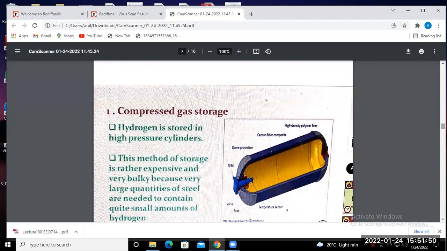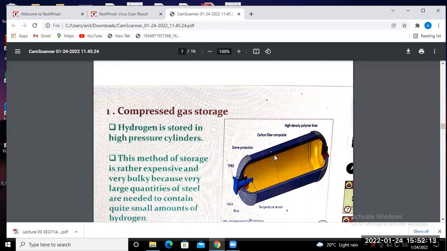Compressed gas storage: you may find out their structure. That means hydrogen is stored in the form of gas, but you have to provide a specified type of structure for this hydrogen gas storage. This is the structure.